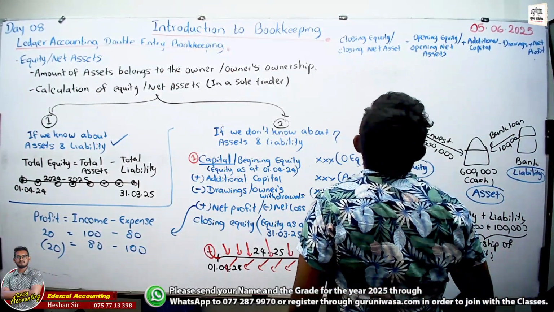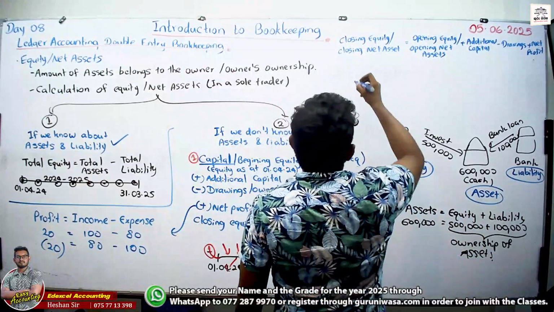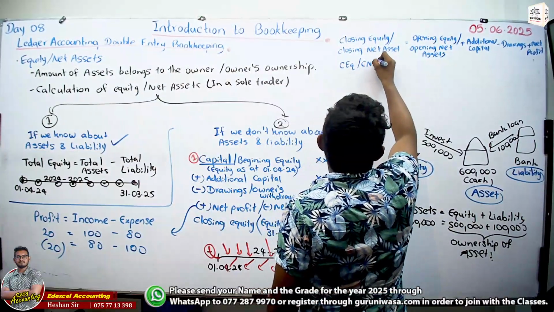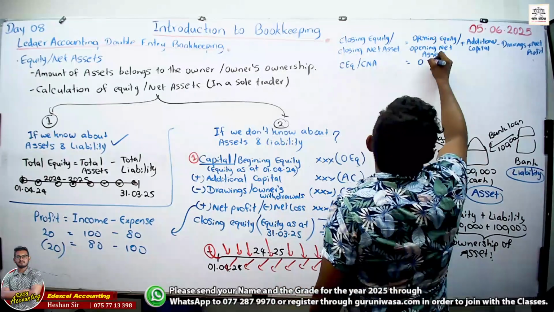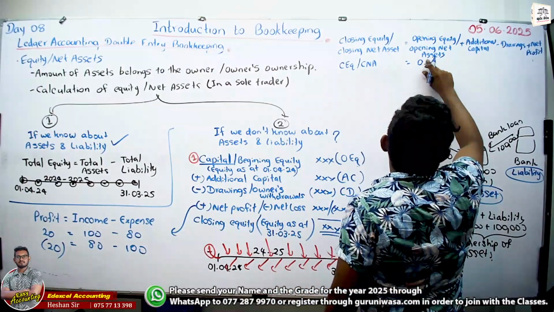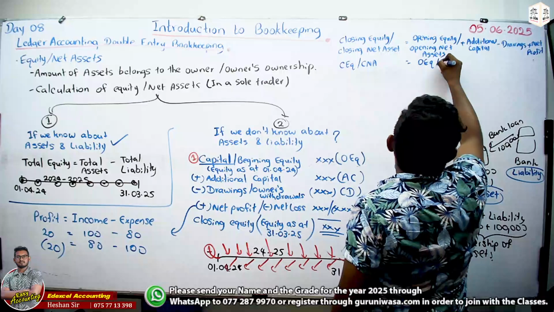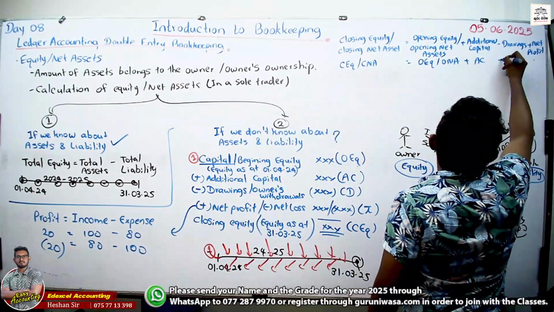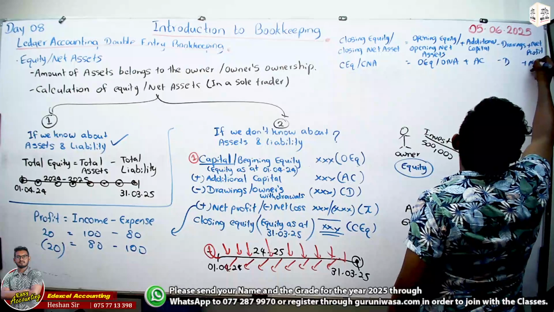So closing equity or closing net assets equal opening equity or opening net assets plus additional capital minus drawings plus net profit.